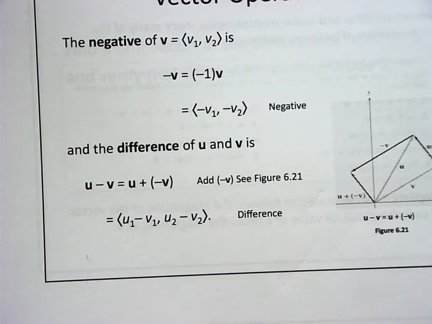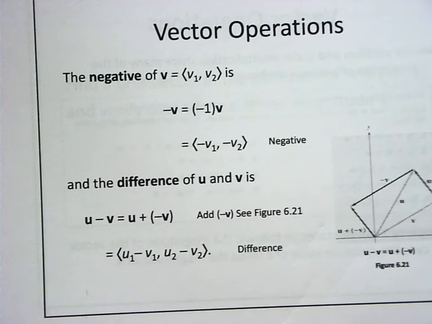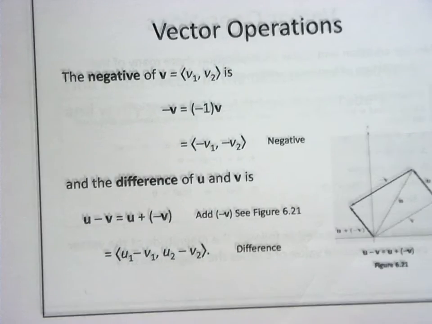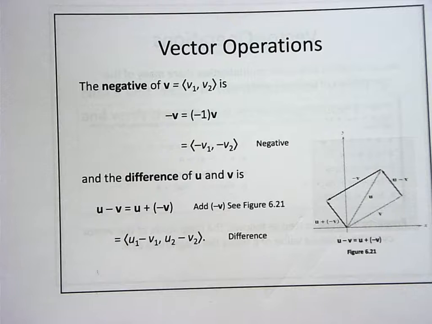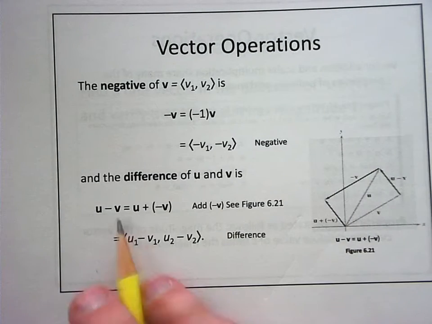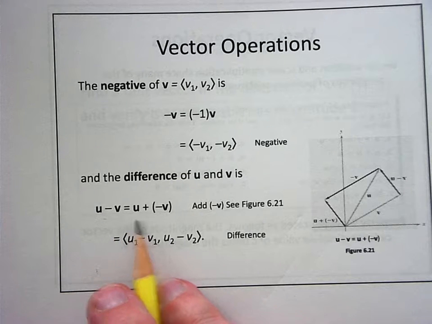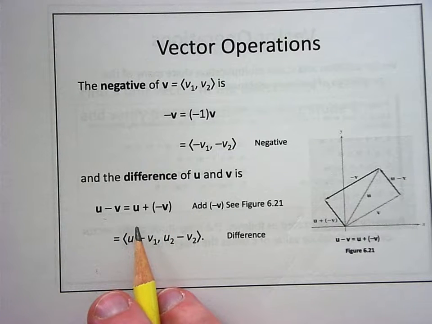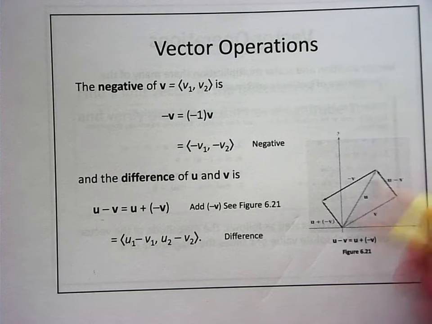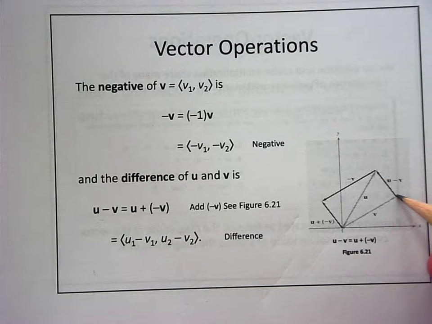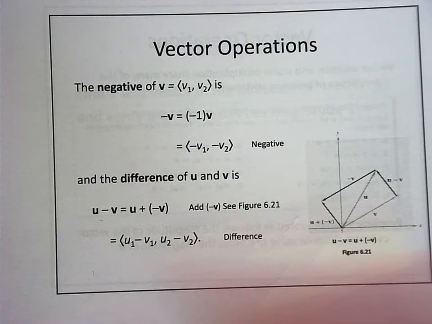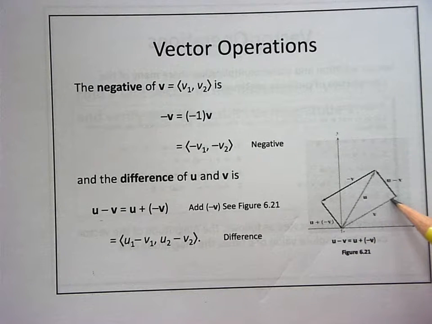Subtraction works a little bit strangely as far as the visual goes. Arithmetically, it's easy. You just subtract instead of add. But what's actually going on here? If I think of u minus v, well, that's the same thing as adding negative v to that u, right? So if I have the vector u going from the origin out, and the vector v going from the origin out, and I want to add negative v, what's the negative out front going to do?